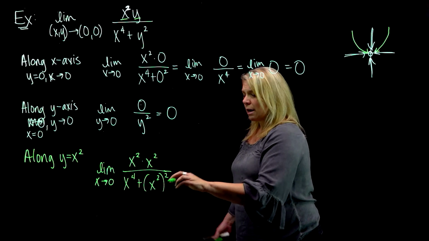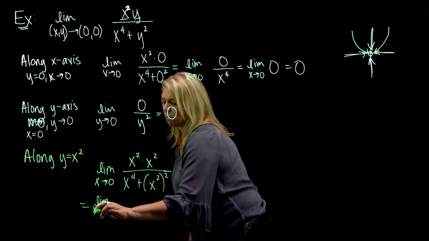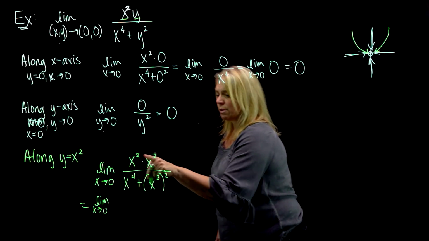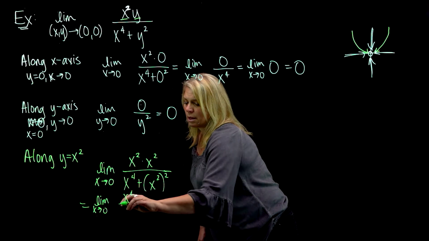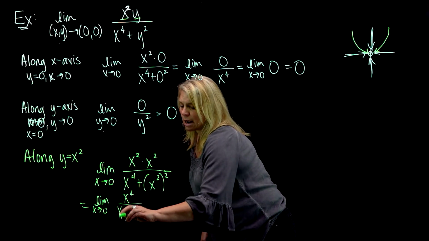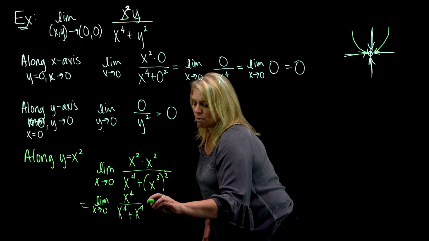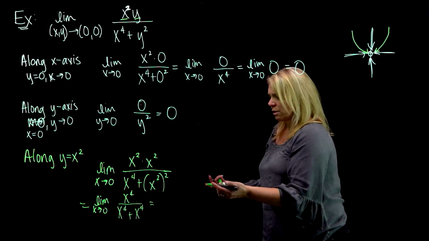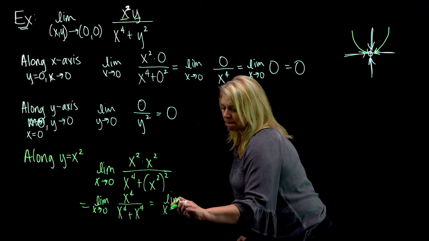Here I'm going to get some simplification, and then I will worry about the limit. On the numerator, x squared times x squared is x to the 4th. And on the denominator, I have x to the 4th plus x to the 4th, or 2x to the 4th. You can certainly skip some steps of algebra here as long as you do them correctly.